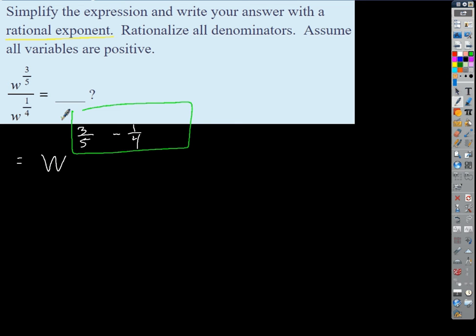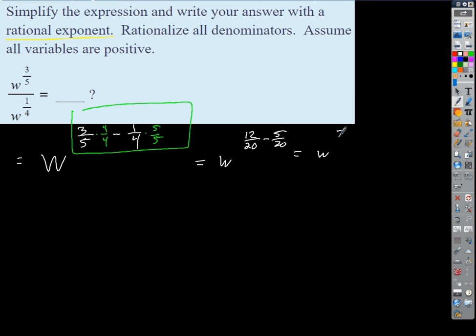So what's my common denominator going to be? 20, yeah. So I'm going to multiply the first one by what divided by what? And the second one by? Good. So then we're going to end up with 12/20 and 5/20. W to the 12/20 minus 5/20 is w to the what? 7/20.